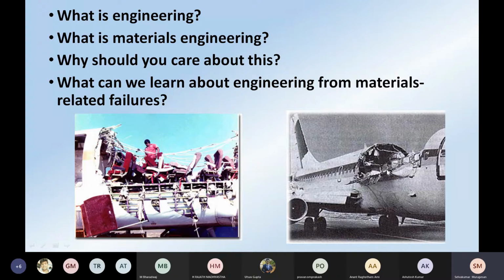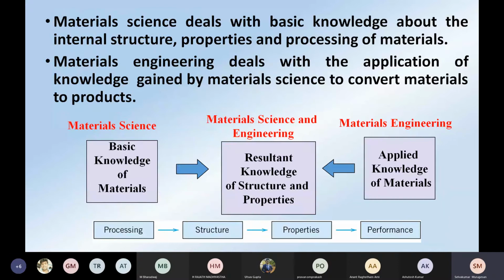And when it comes to extreme special applications, for example this kind of aircraft, you cannot sacrifice anything. You have to be really careful in terms of selection of material or the mechanical concept, all these things. So roughly, material science, what we have been studying, deals with the basic knowledge about the internal structure and their properties and the processing of materials.